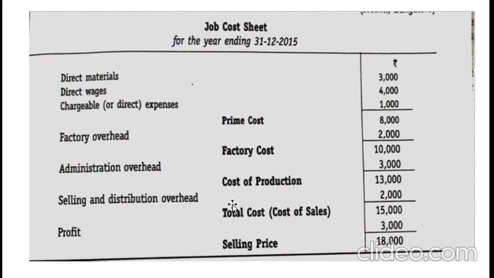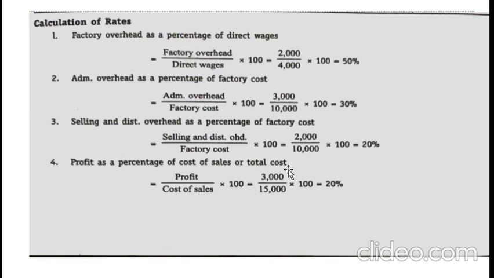So 2000 divided by factory cost 10,000 into 100 will give you 20%. So this is the percentage you'll be using to charge your expenses for your estimated cost sheet.